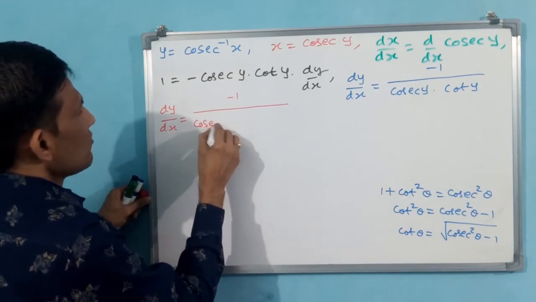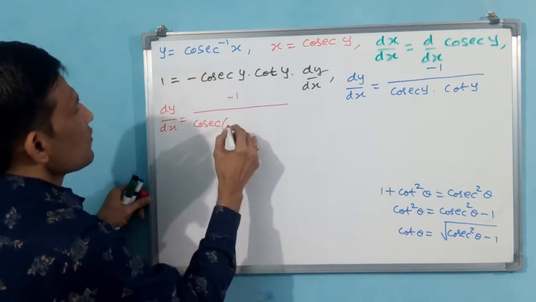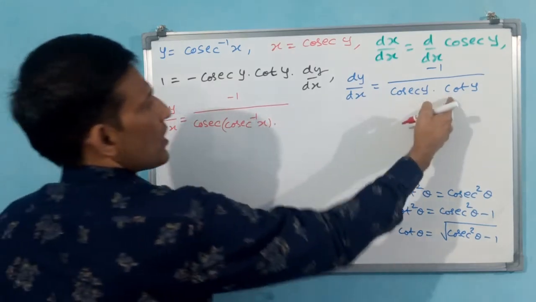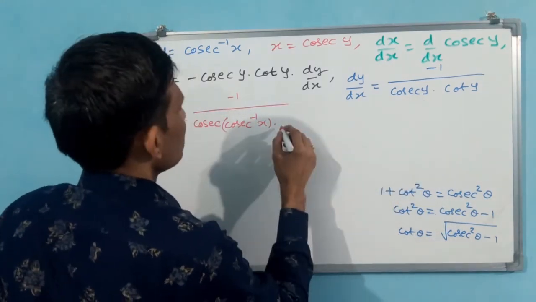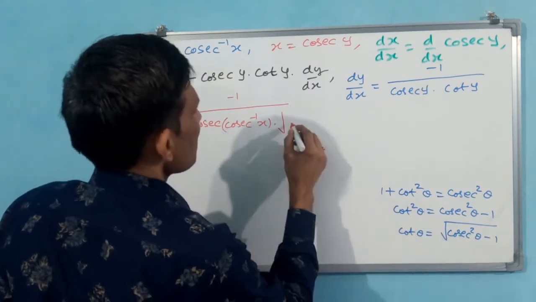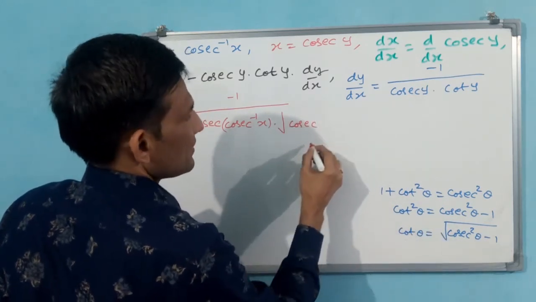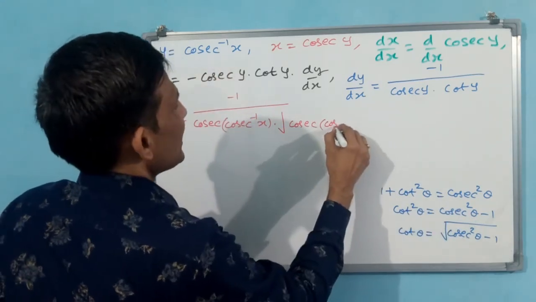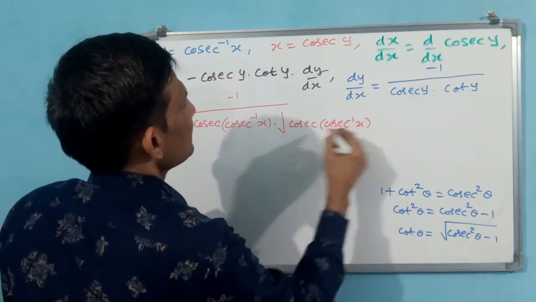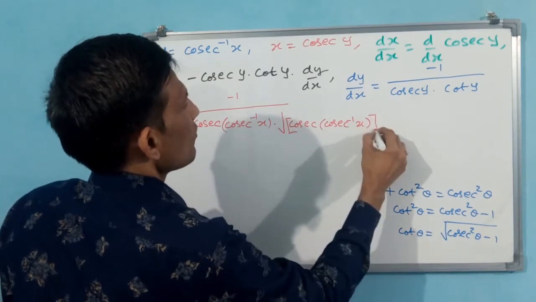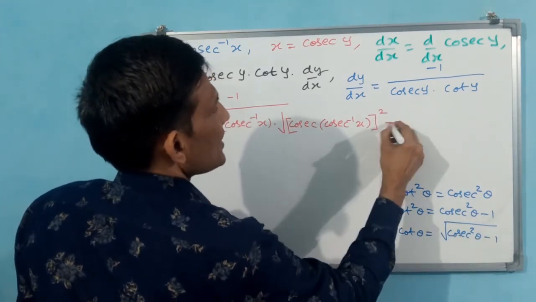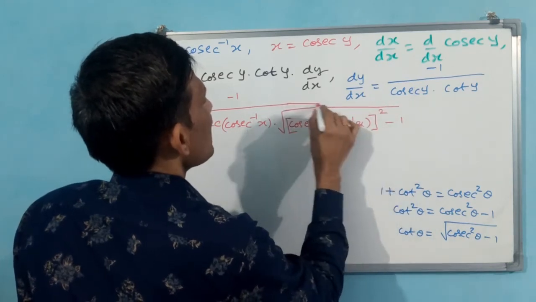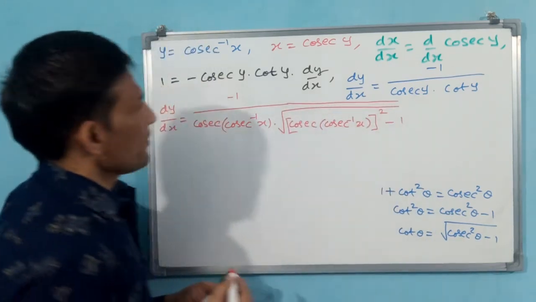Cosecant y means cosecant inverse x, into cot y, which I am writing as the square root of cosecant square y minus 1, that is cosecant of cosecant inverse x whole square minus 1. Is it okay?